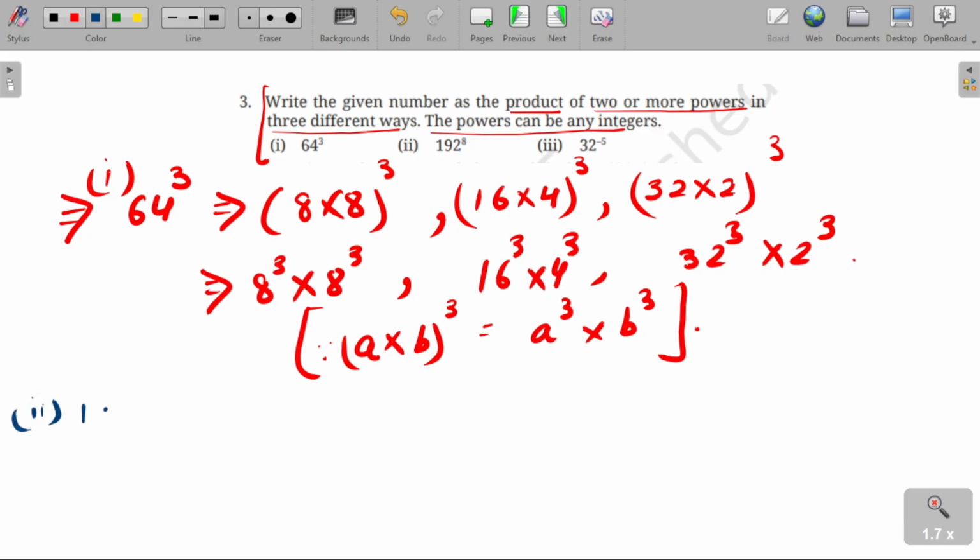The second part is about 192 raised to 8. So 192 raised to 8 can be written as, see, 192 can be written as 96 into 2, first way. 64 into 3.